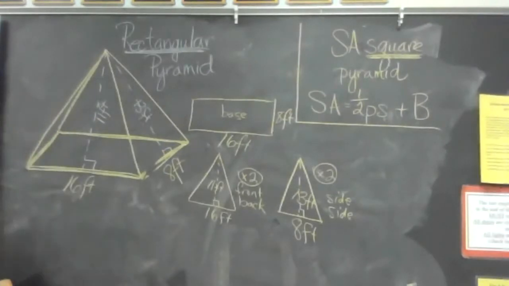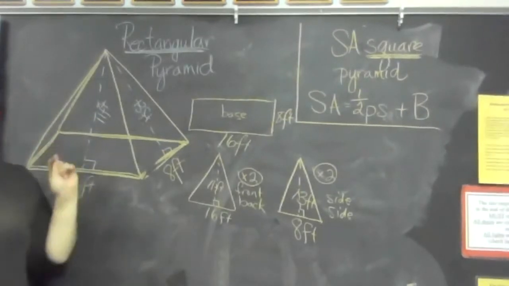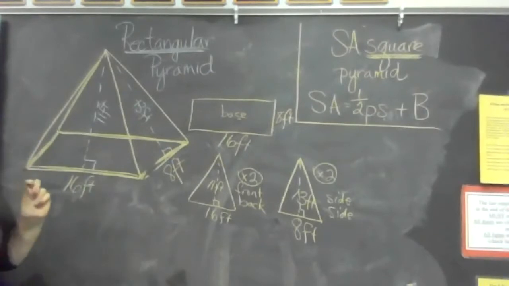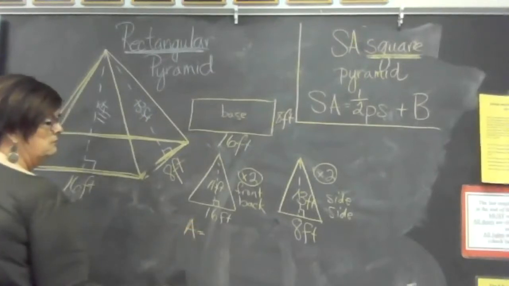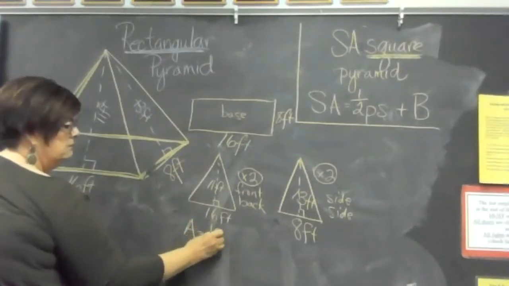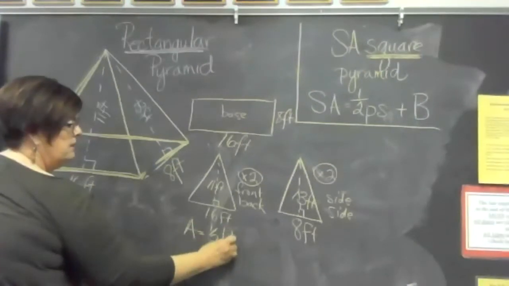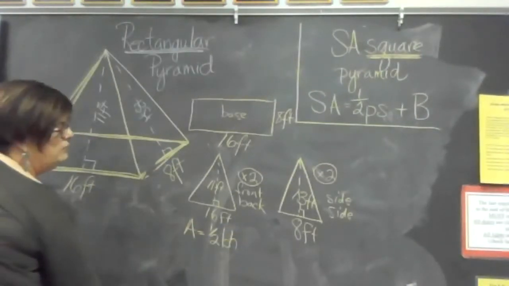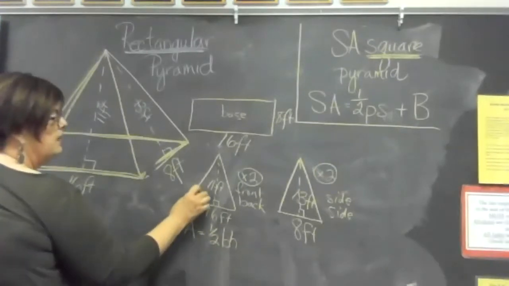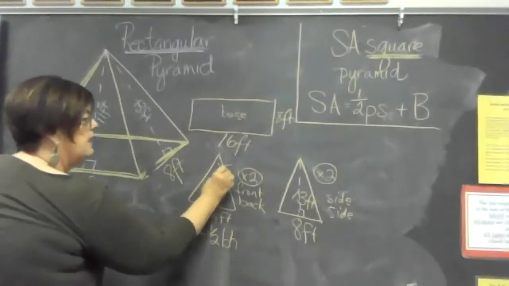All right, and then all we have to do is find the area of each piece. Okay, so how do you find the area of a triangle? 1/2 base times height. So if you take this, 1/2 the base times the height, the area for this is going to be 88.